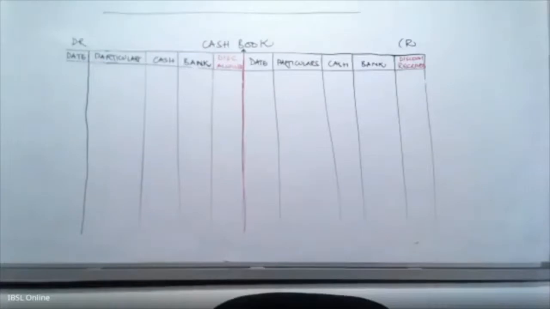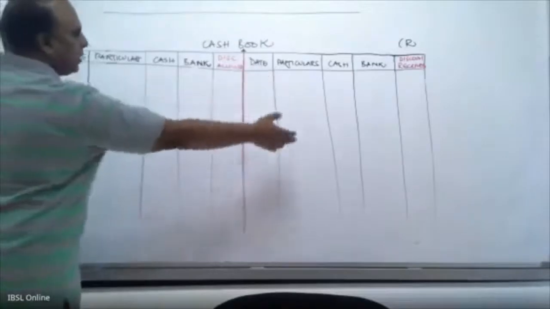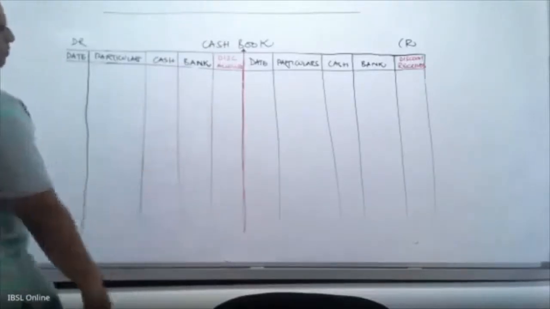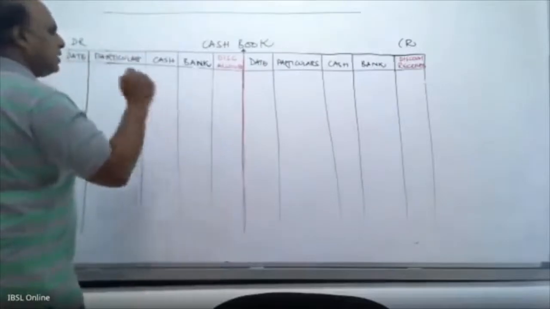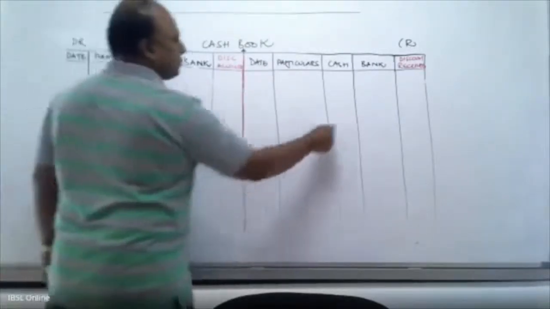That's why in the description I said all the check payments or receipts are recorded in the cash book. The physical cash is recorded in this column and in this column. But all transactions relating to your bank are recorded in this column.